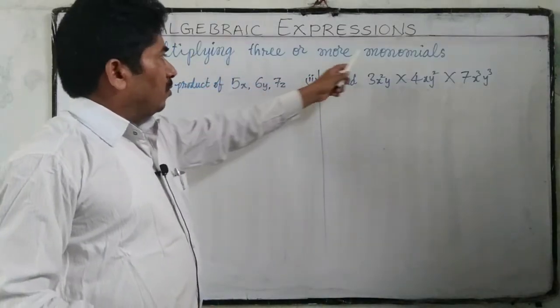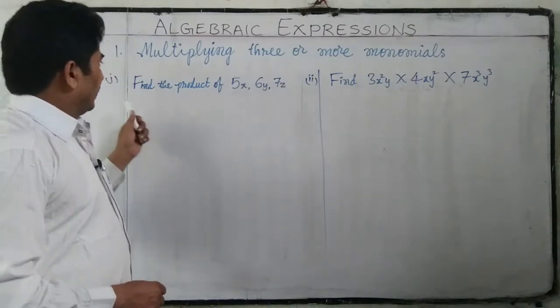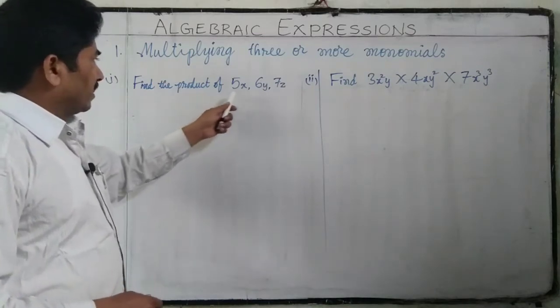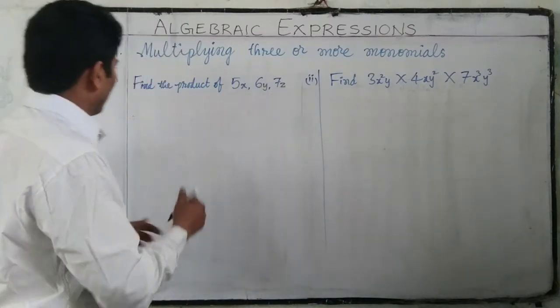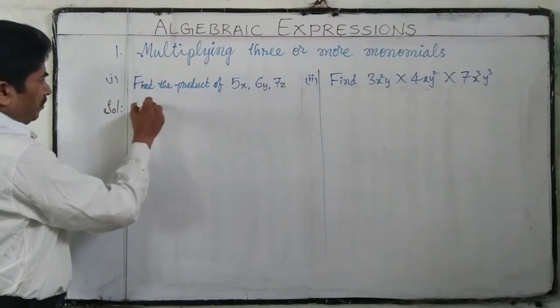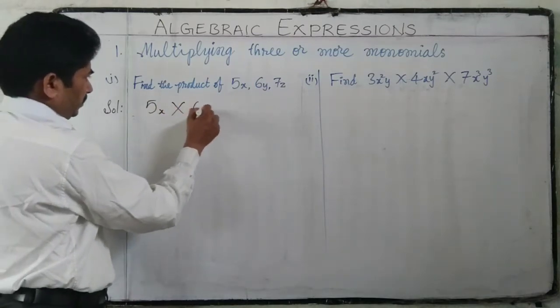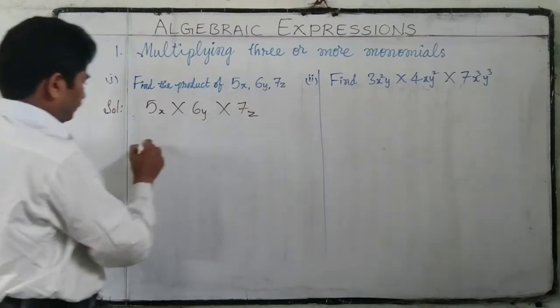Multiplying three or more monomials. To understand, let us observe two examples. Find the product of 5x, 6y, 7z. 5x into 6y into 7z.